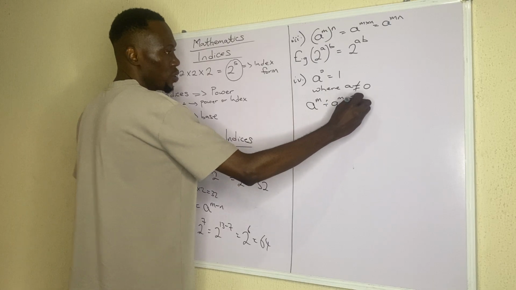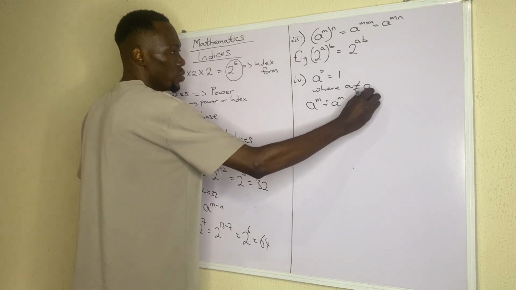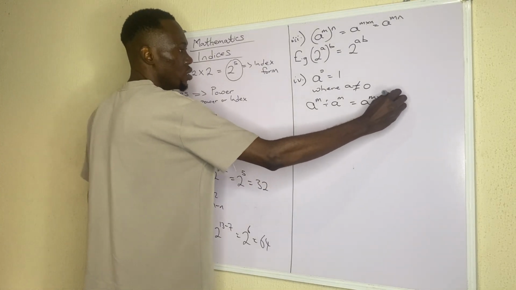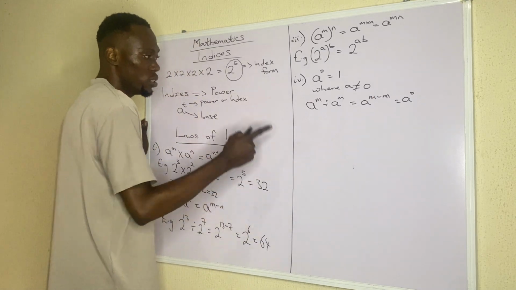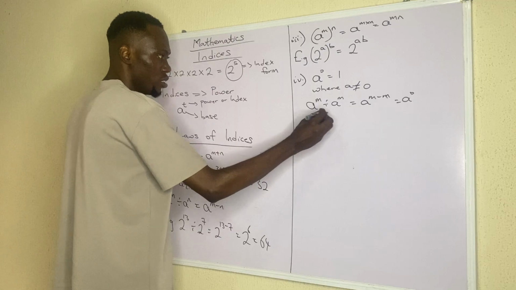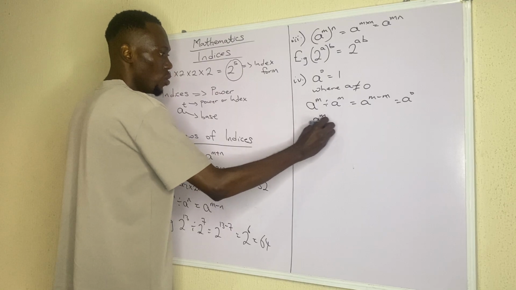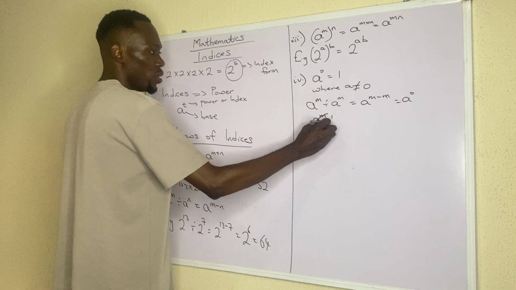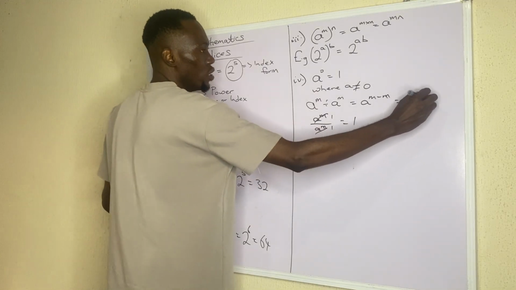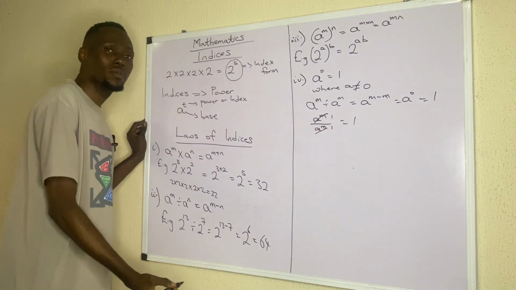I can do this from indices law to be a raised to the power m minus n, which is equal to a raised to the power 0, right? And I say that a raised to the power 0 is 1. So let's take a look at this. This a raised to the power n is the same as a raised to the power m all over a raised to the power n. A raised to the power m here is 1, a raised to the power n here is 1, which is equal to 1. So therefore, a raised to the power 0 is 1.